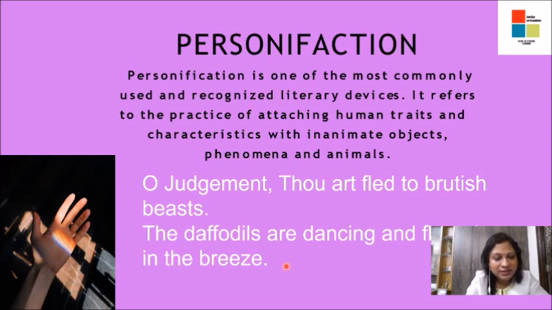So judgment is an abstract thing, but it is given a human quality as it has escaped from human beings and has gone and started living with the animals. Brutish beast refers to animals. So similarly, judgment, which is an abstract thing, is given a human quality.